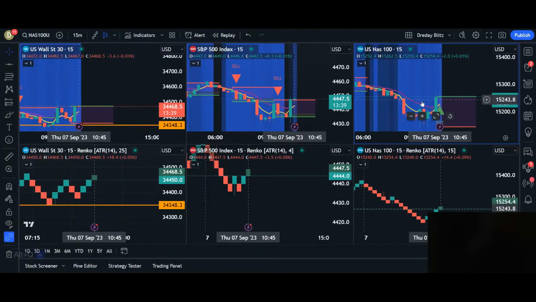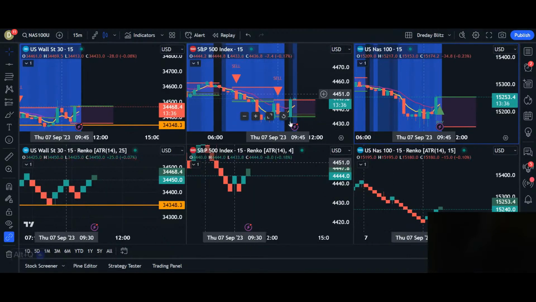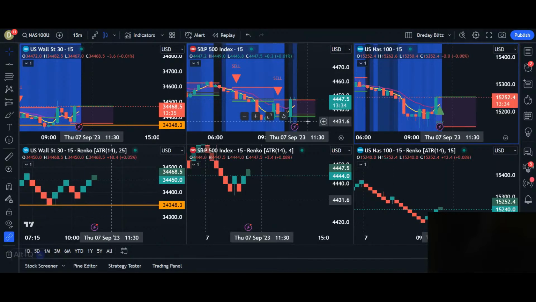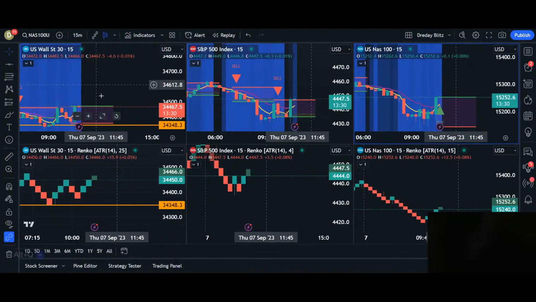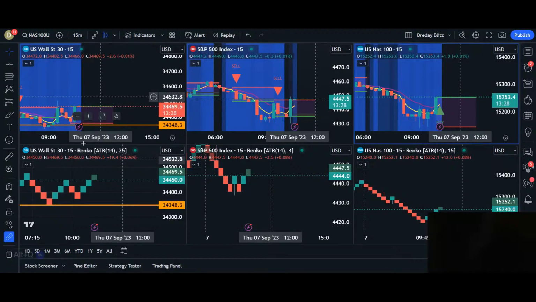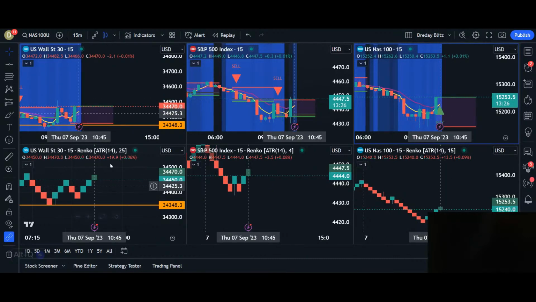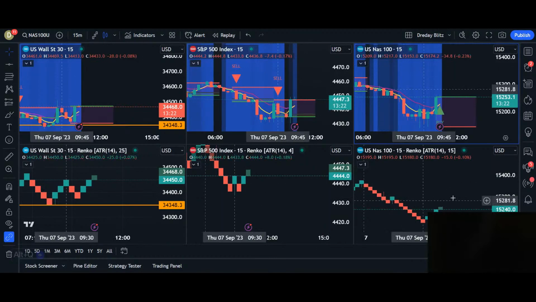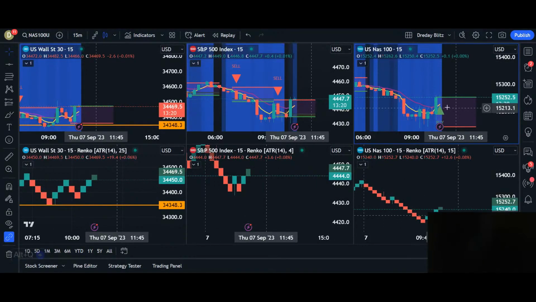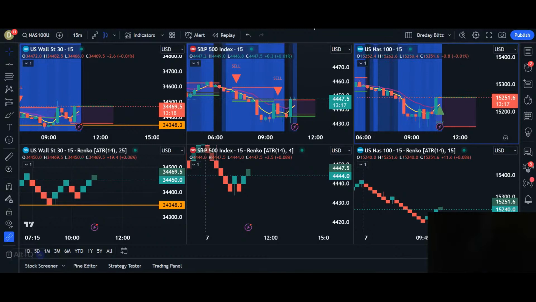So the buy is confirmed. Right now, we have the S&P 500 pushing up, and the US 30 is pushing up. So if you look at the Renkos, going up here, going up here, going up here, we're looking for buys right now.